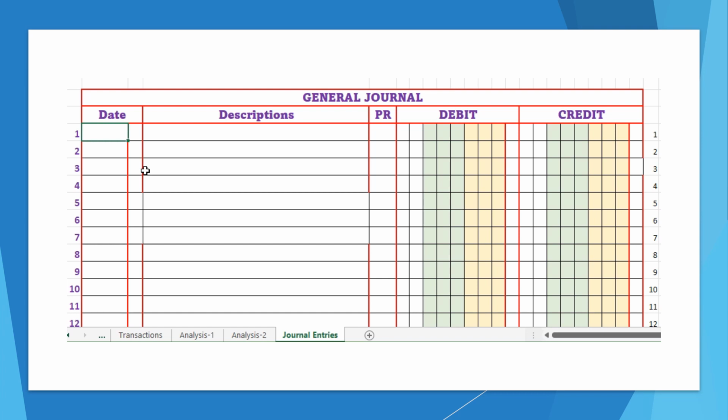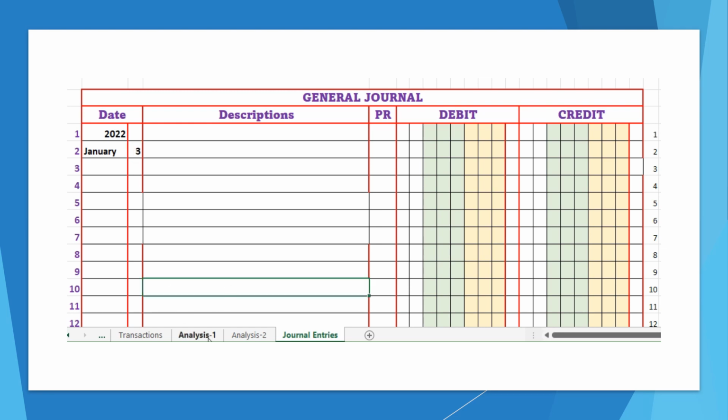Are you ready to record the transactions that we have analyzed a while ago? So, let us record or journalize those business transactions. So, start with writing the 2022. And then, the month is January. Okay? And then, our first transaction is on January 3.